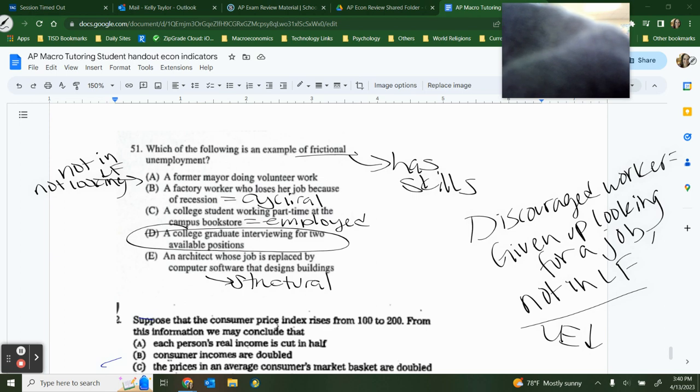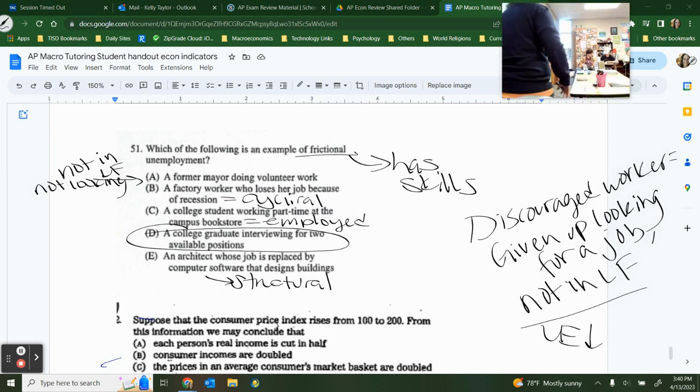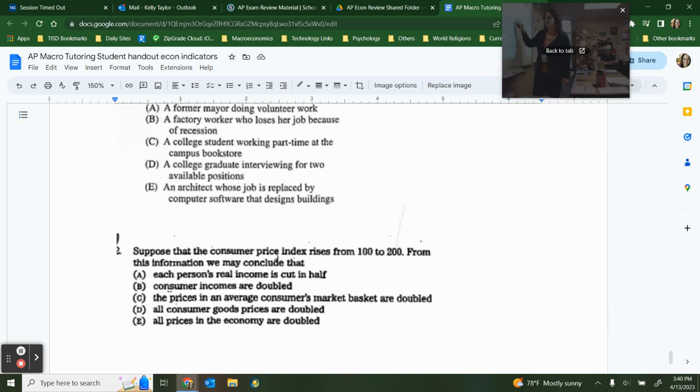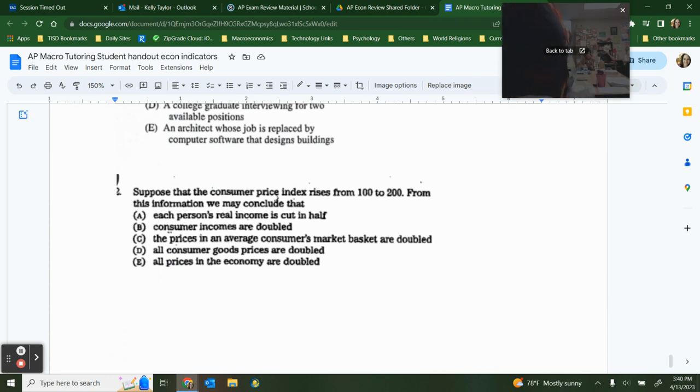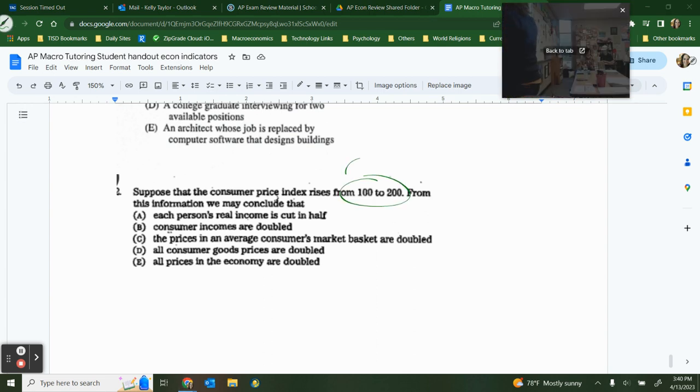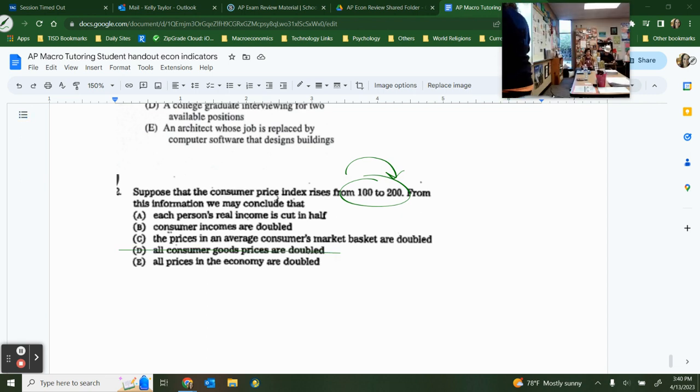And last multiple choice question before we move on to FRQs is talking about the consumer price index. Remember, the consumer price index is a market basket of common everyday items, but does not include everything. So when it goes up from 100 to 200, we can't say that all consumer prices have gone up, unless it was the GDP deflator. The GDP deflator measures everything.